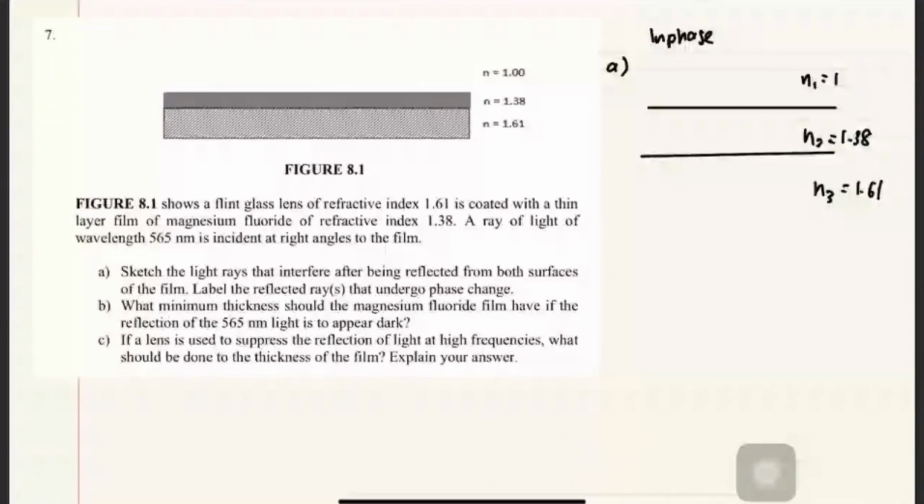Okay, so they ask you to draw the ray of light. So ray 1 tu dia masuk and then dia keluar balik. So dia kata incident light tu right angle kan, so dia straight lah. The second one tu dia reflected sedikit, refracted dulu, lepas tu dia reflected.